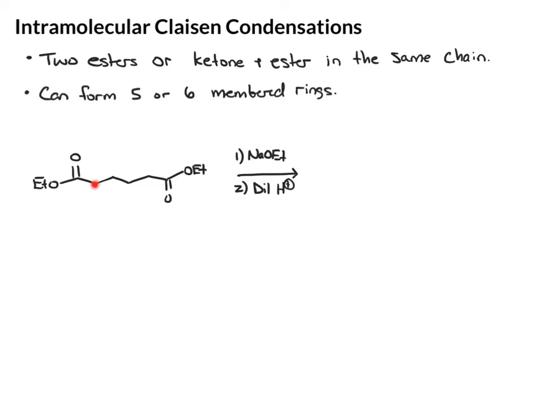So here, that would be carbon 1, 2, 3, 4, 5. That will give us a 5-membered ring, so we would expect this reaction to work. If they're too far apart or too close together, the reaction won't take place.